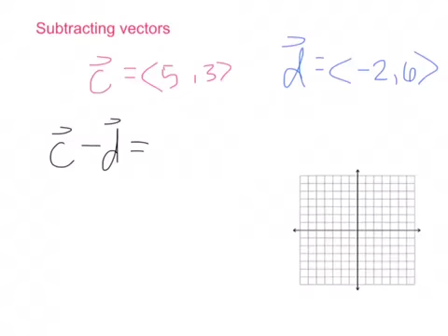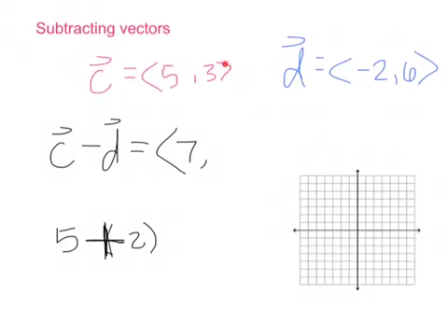So when we do C minus D, we'll be doing 5, the horizontal component of C, minus negative 2. And remember when you do 5 minus negative 2, it turns into adding, so we'll have 7 for that horizontal component.